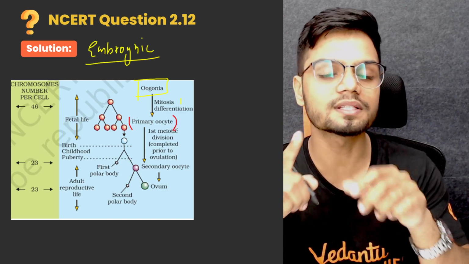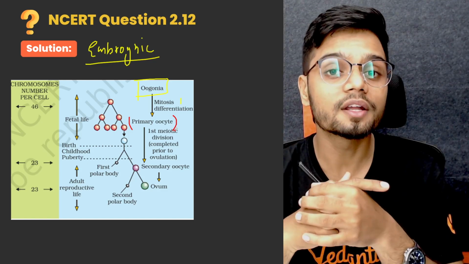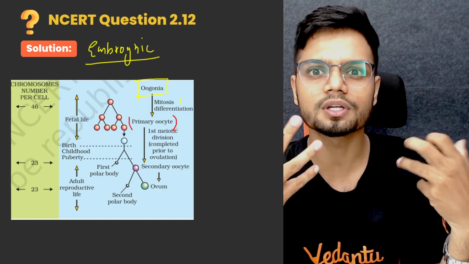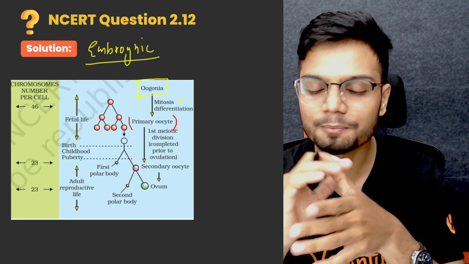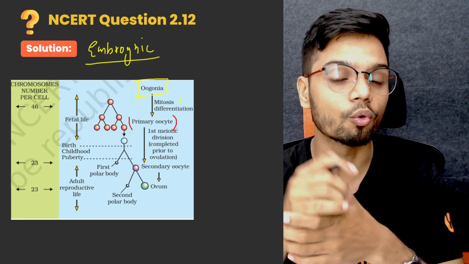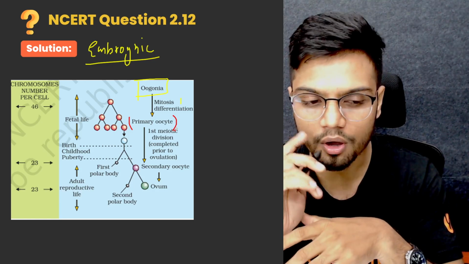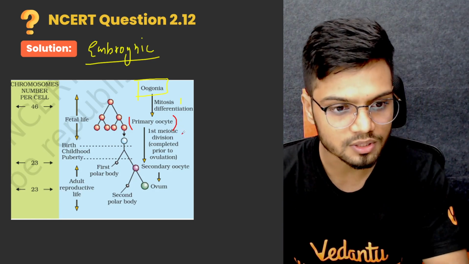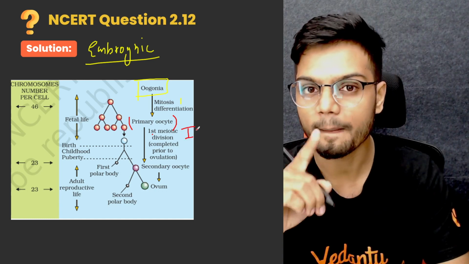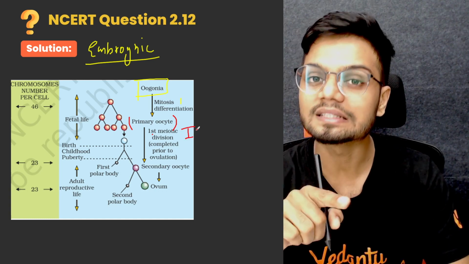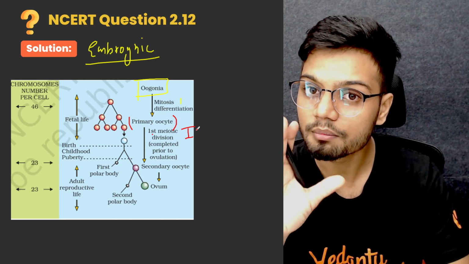So the oogonium undergoes differentiation, grows in size, and we know it as the primary oocyte. Now this primary oocyte starts to undergo the first meiosis, that is meiosis 1, but it does not finish meiosis 1.